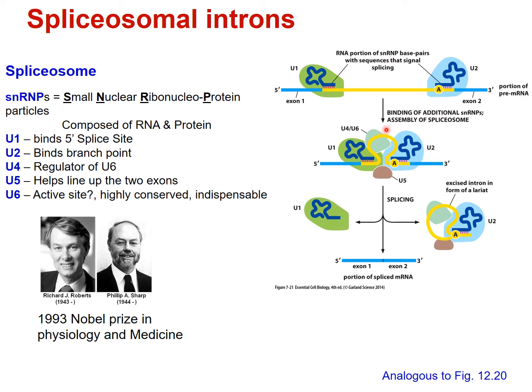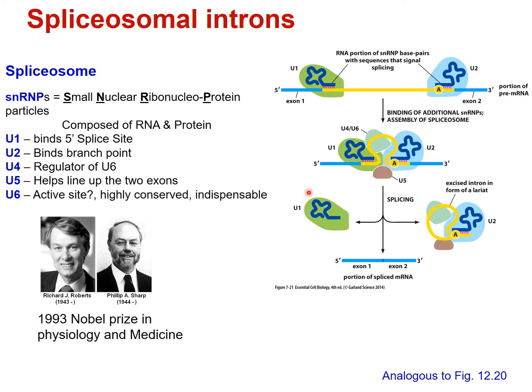So this whole thing comes together, bringing the 2 ends of the intron together so that the upstream exons, so exon 1 and exon 2, will be close to each other so that they can be joined together and the intron removed.